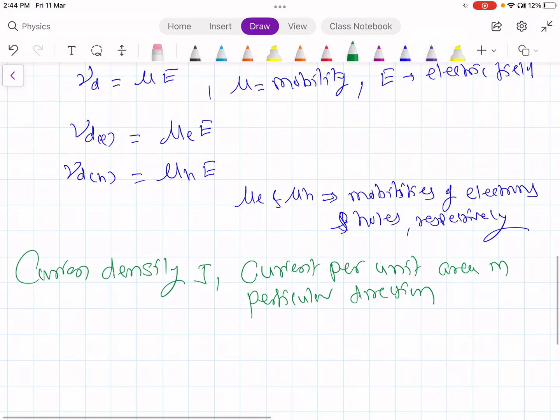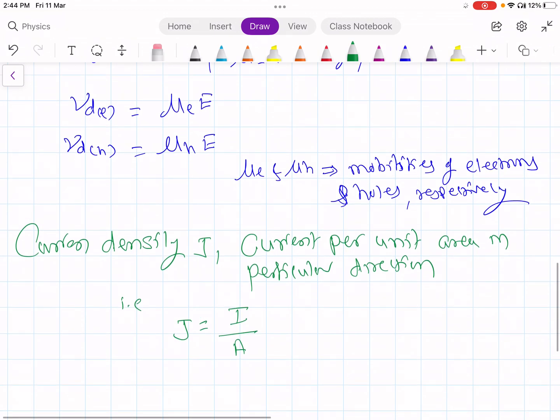That is, J equals I upon A, which equals IE plus IH upon A.